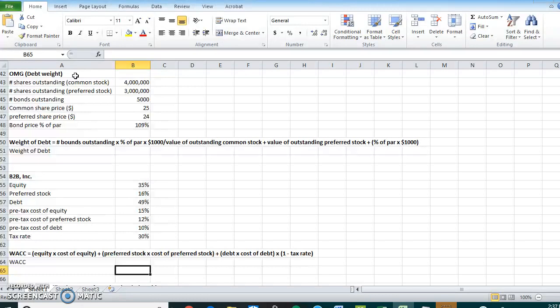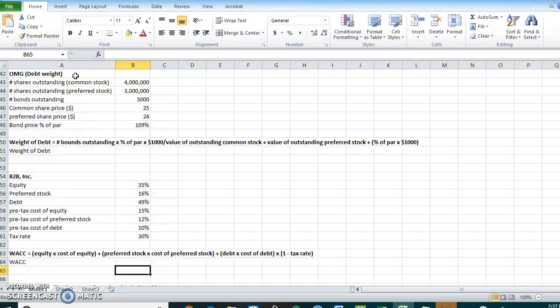Now, as you may remember in the last one, we used as our numerator the value of the number of shares outstanding in common stock. This time we're going to use the value of the bonds outstanding.